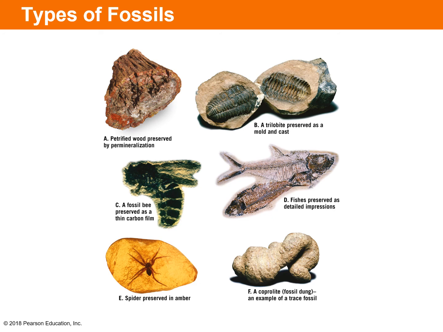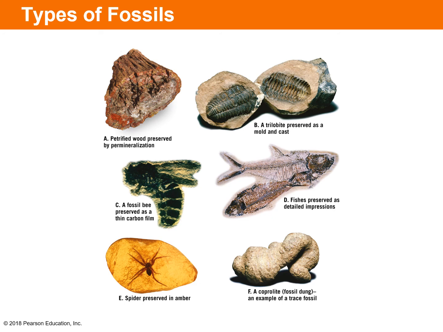And then in example D, you can see fishes preserved as detailed impressions. So in this case, there probably used to be a carbon film, and that carbon film was eroded away, but you can still see the structure of the fish in the impressions. Example E shows a spider being preserved in amber.